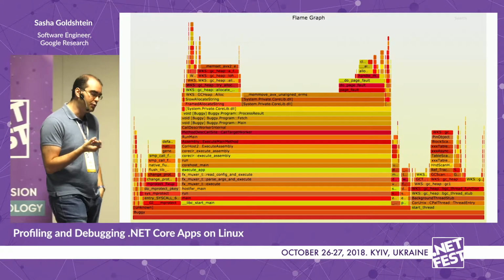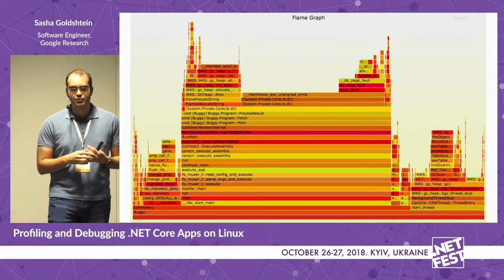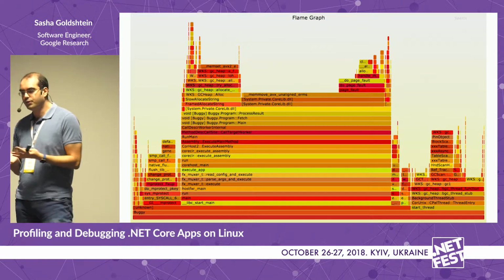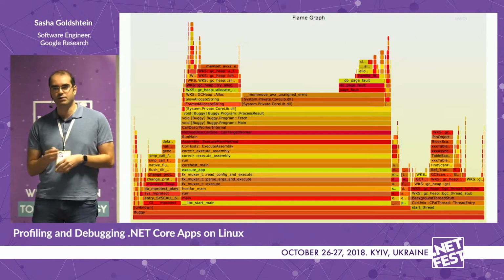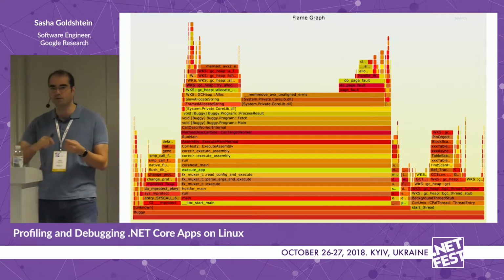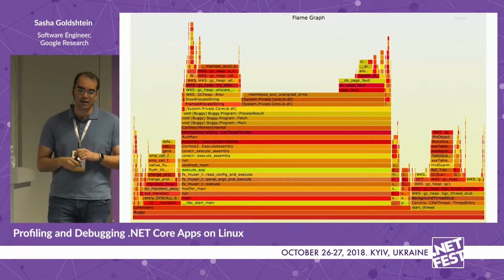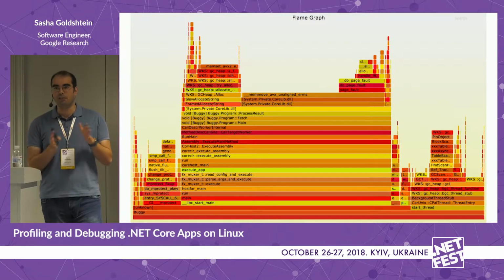And they try to take all this textual information presented as a tree and convert it to an interactive diagram, which looks like this. And you can understand why it's called a flame graph, because it looks kind of like fire and flames. The colors don't actually mean anything.